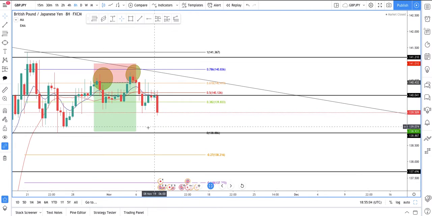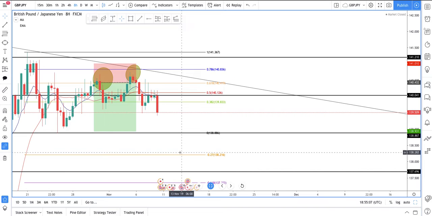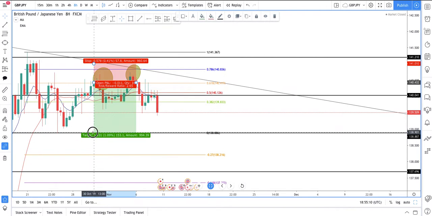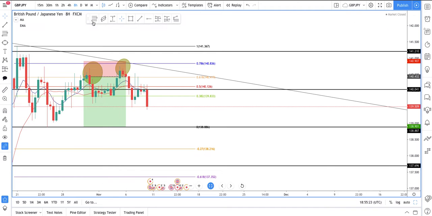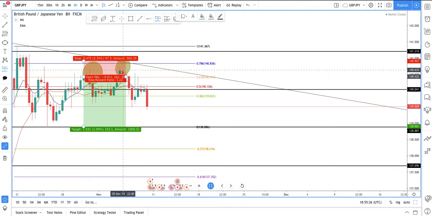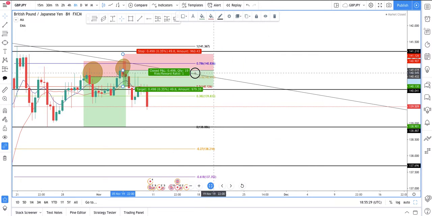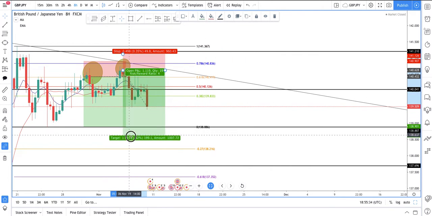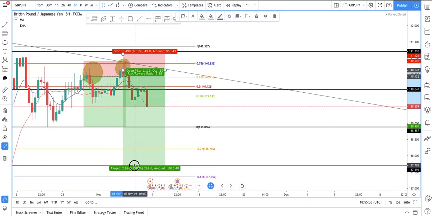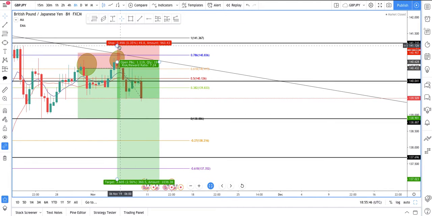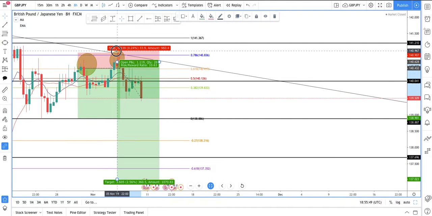My first TP was here at 139.931. Stop loss 140.907, and then I entered again, literally at the top of this wick, with the take profit down to 137, exactly 137.00, which is right here, with the stop loss just above this trend line.